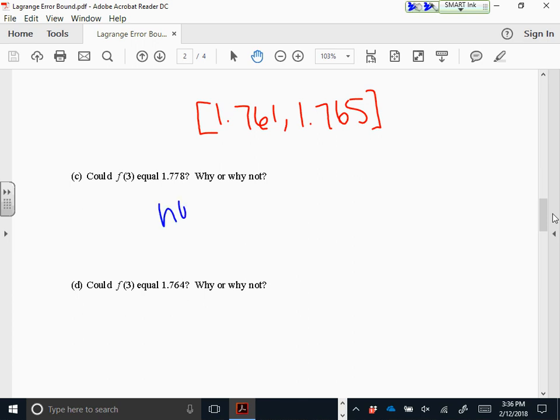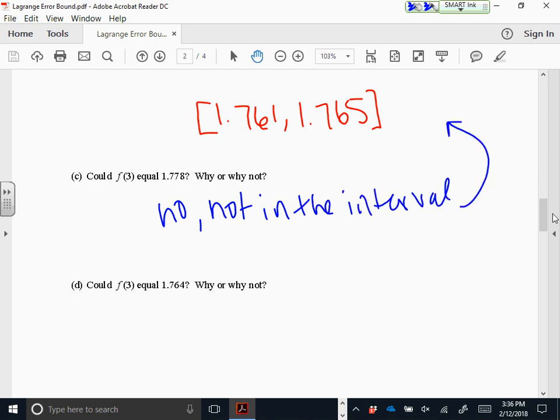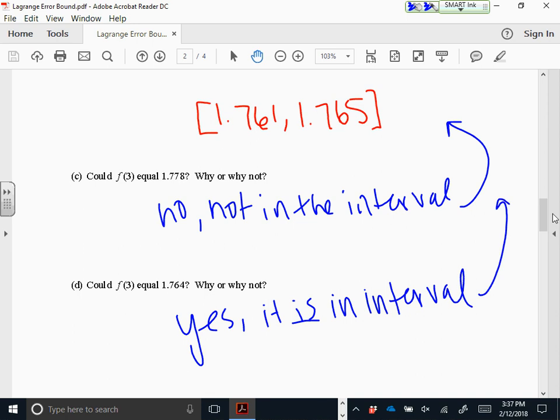No, because it's not in the interval that we just found. Could f of 3 equal 1.764? Yes. Same reason, or opposite reason, I guess. It is in the interval that we just found.